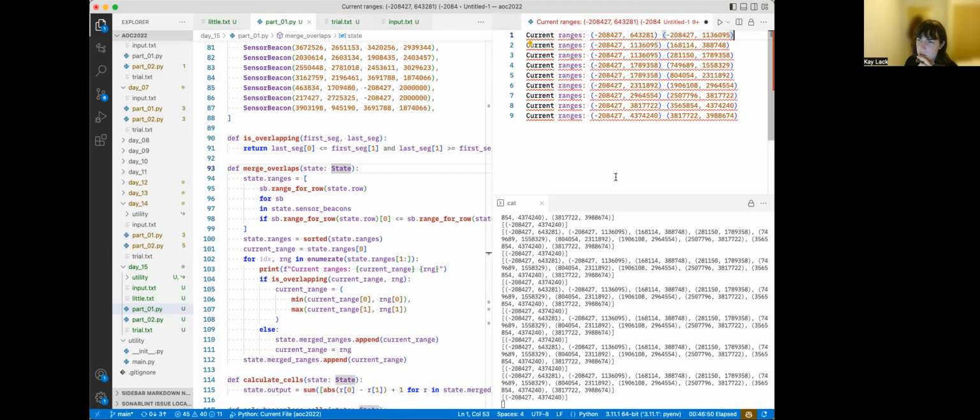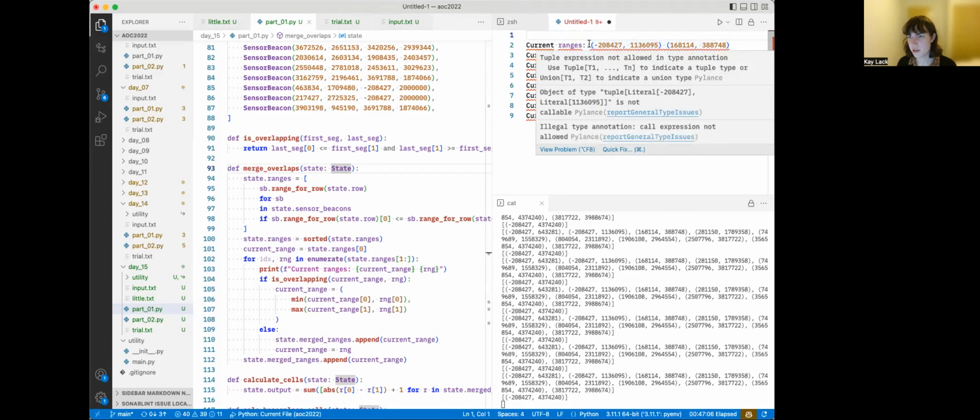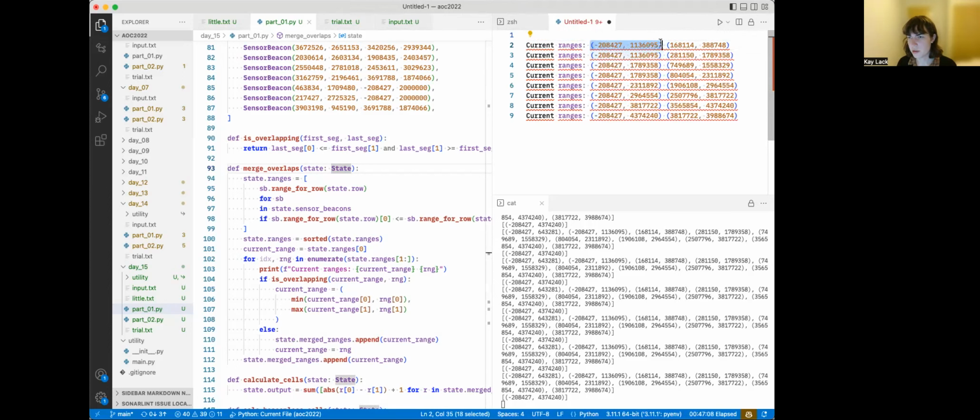From minus 208,427 to this giant number, yes. So we get this range. And then the next range we should look at is, well, exactly that. Do these overlap?